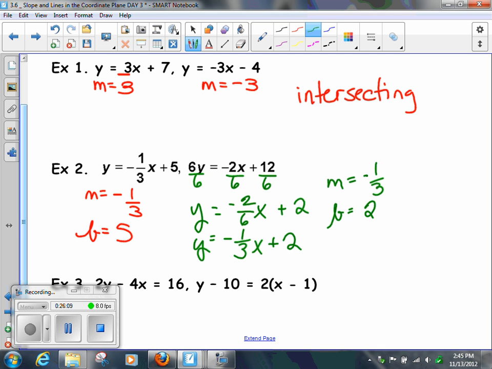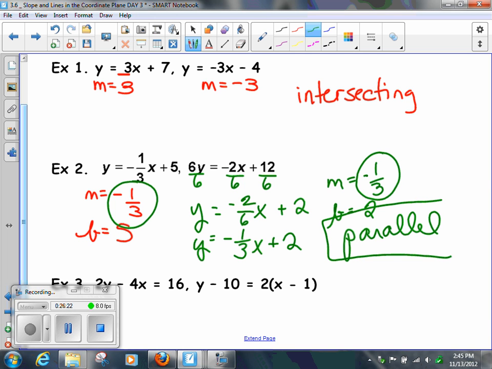They got the same slope, but different y-intercept. So what kind of lines are these? They're parallel lines. Got to do a little work, and we've not had to graph a thing. We're just looking at the slope and the y-intercept and seeing how they're related in each of these equations. Questions on example 2?